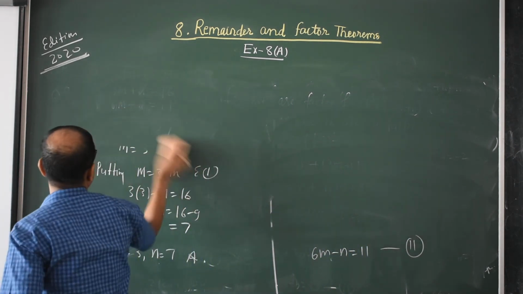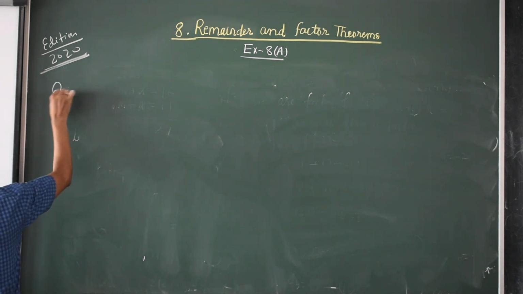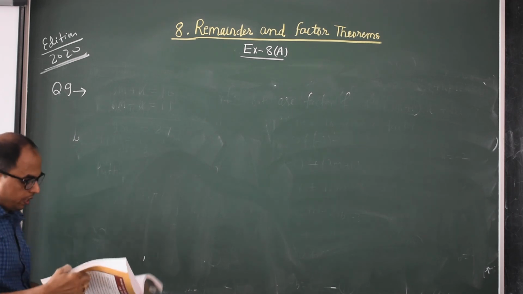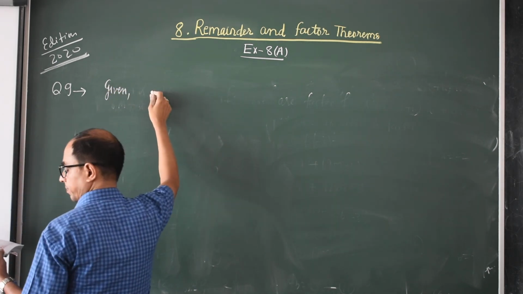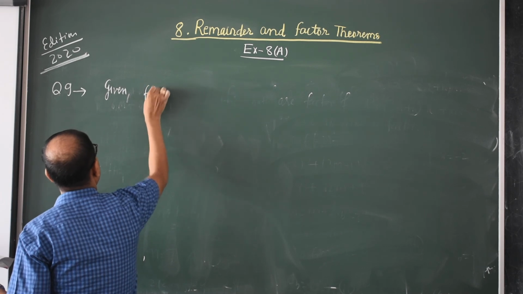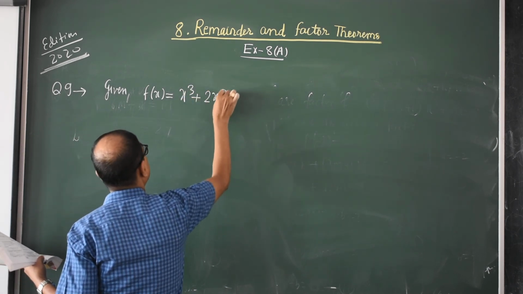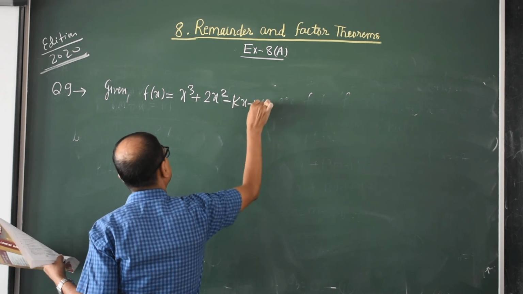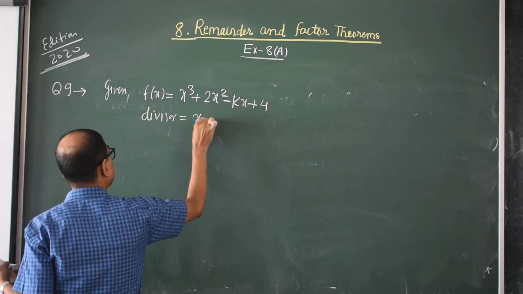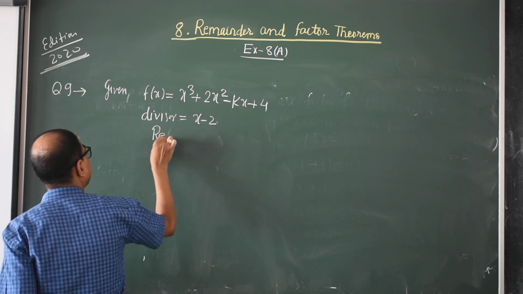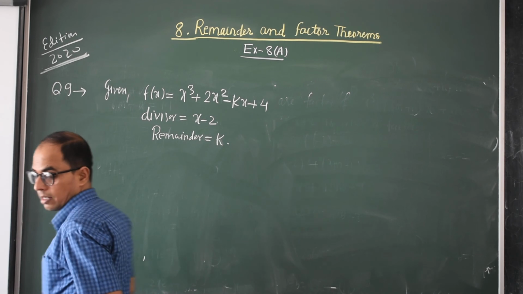Now question number 9. Given polynomial x cube plus 2x square minus kx plus 4, divisor x minus 2, and the remainder is k.